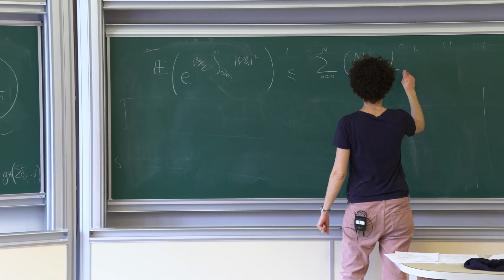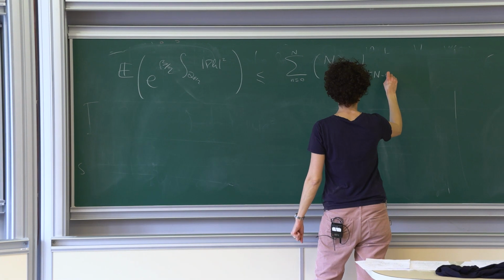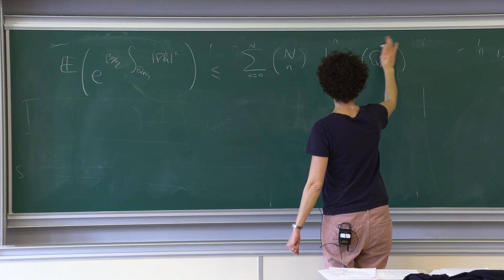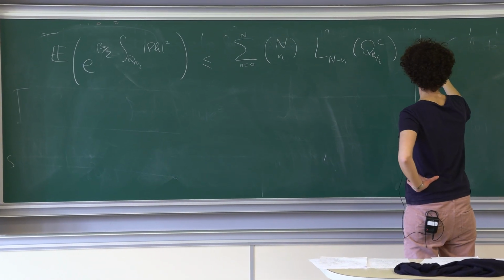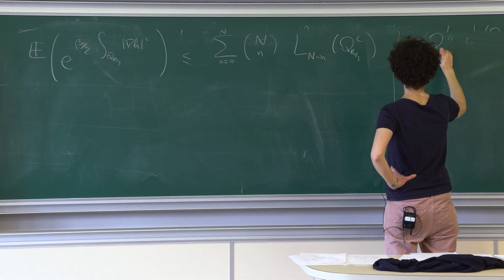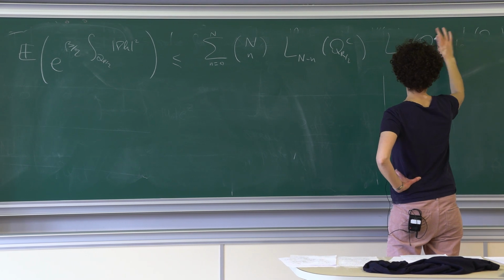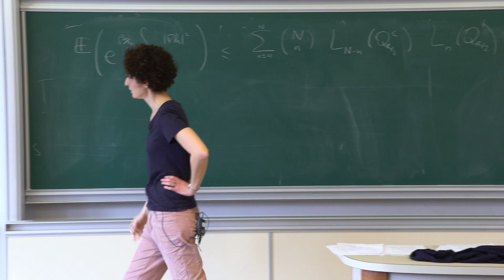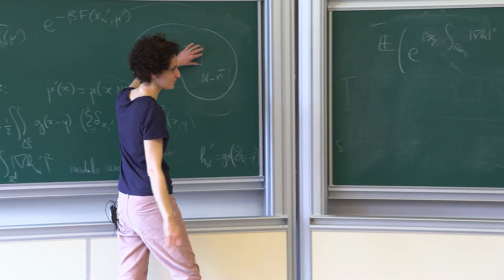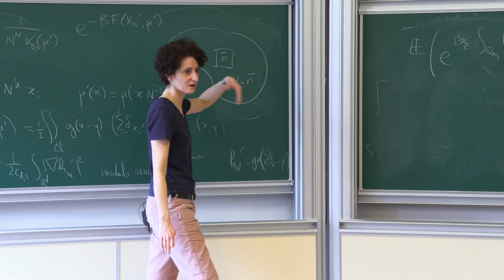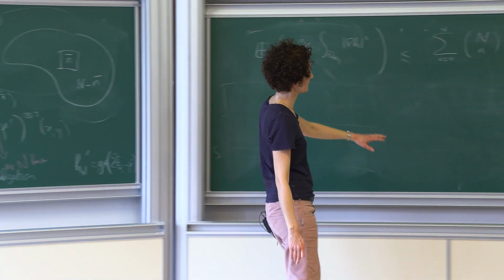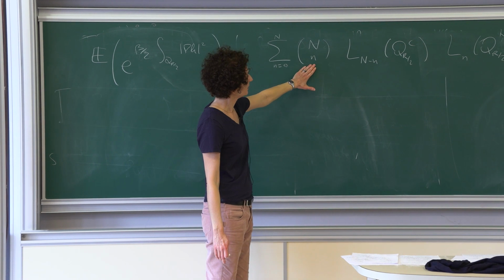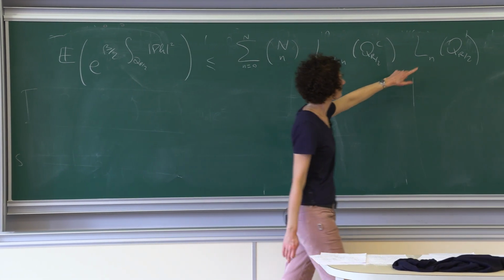And I'm going to have my L big N in the complement, and my Ln in the set. So here I have to decompose over all the scenarios of how many points fall here, how many points fall outside. So I have all these possibilities. And this time I don't have a choice, right? And I can bound from above by that.